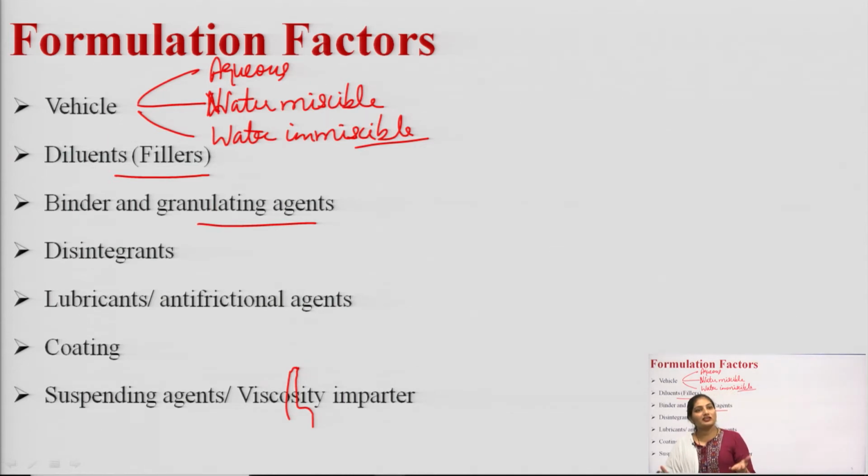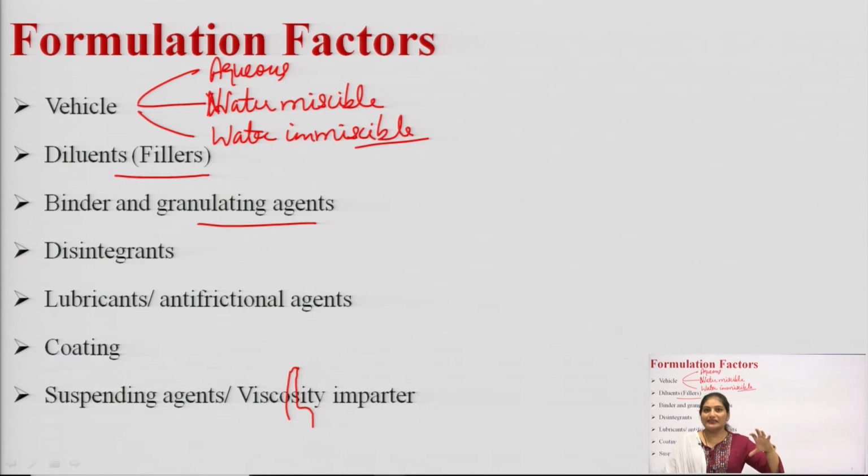So, next is the lubricants or anti-frictional agent. Now, what is the function of lubricants or anti-frictional agent? These are added in the formulation to help in the flow properties, to reduce the friction between the dies and punches, and to reduce the sticking of the drug particle to the punches and to the dies. And these lubricants cannot be simultaneously mixed with the disintegrant into the dosage form.